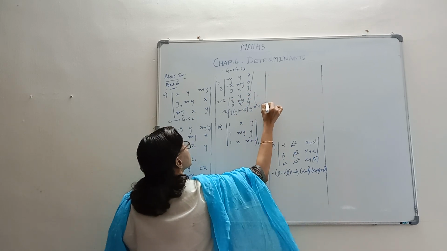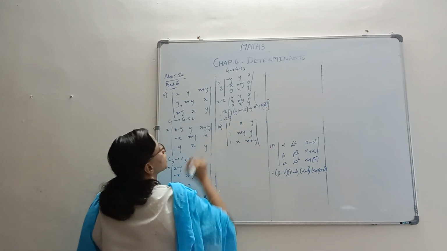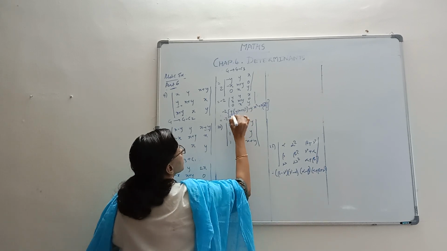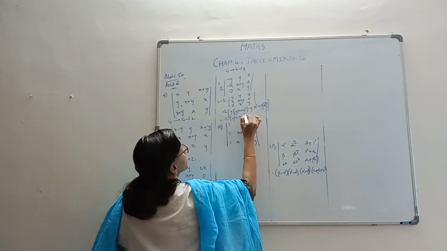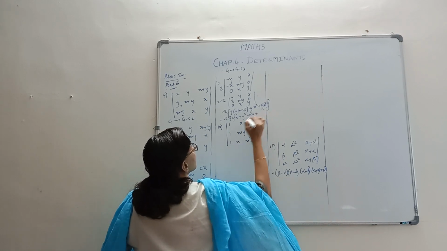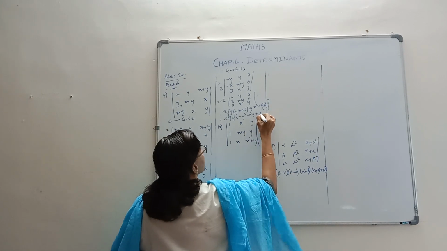Okay, so it's minus 2 times, let's expand all this: y squared x, y cube, x squared y, plus x cube.